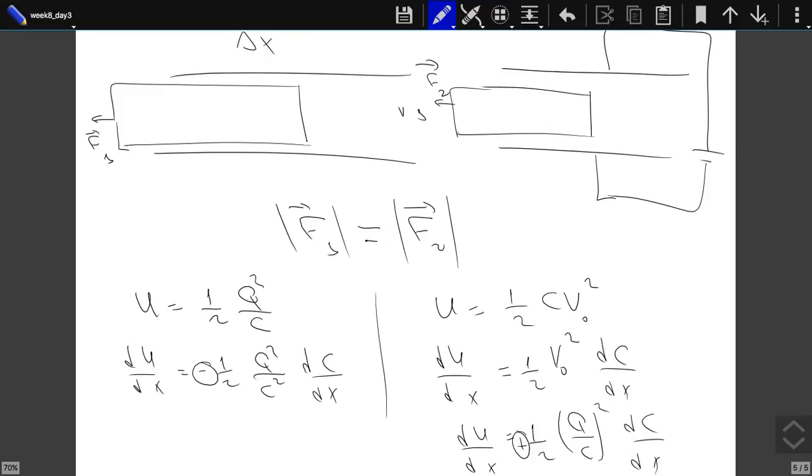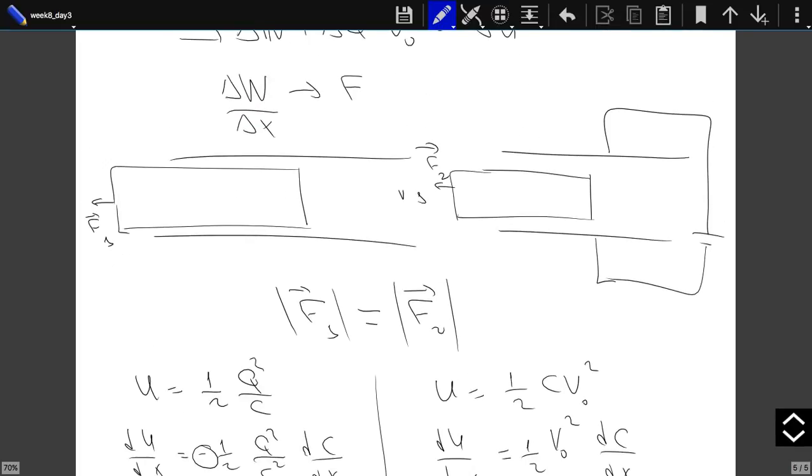Keep in mind these displacements that we are talking about. They are so-called virtual displacements. We are not actually displacing the system. The system is stationary, at rest, and we are exerting some force. You have your battery at some potential, let's say V0.